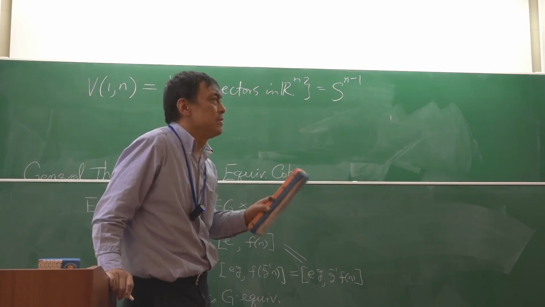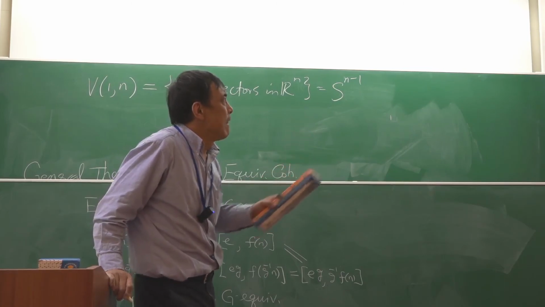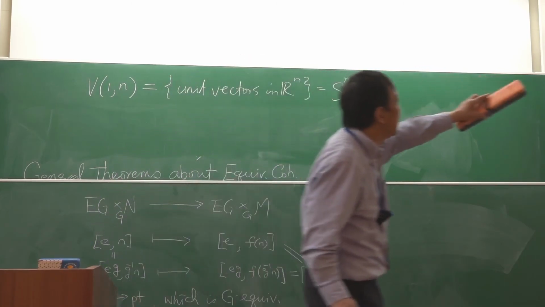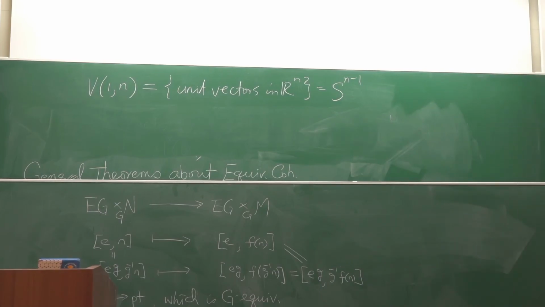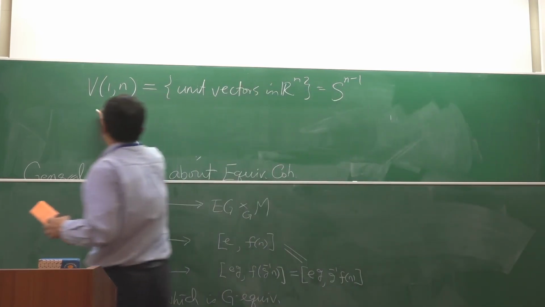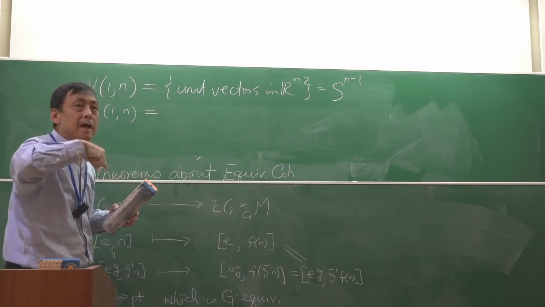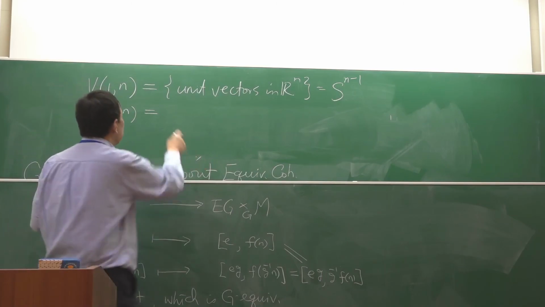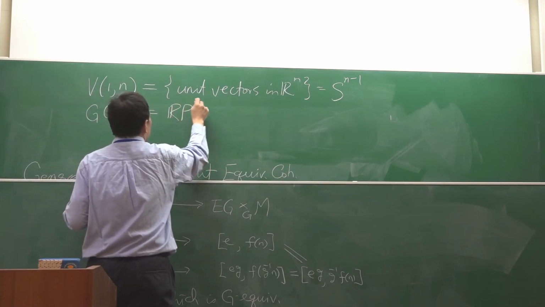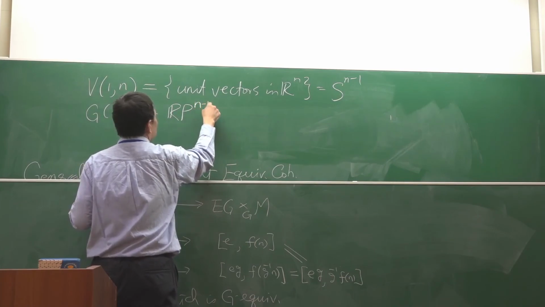Yeah, it doesn't quite generalize BS1, because there we are using complex projective spaces, and here G_1,n is real projective space, because it's all the lines through the origin in Rn, so that's RP^(n-1).